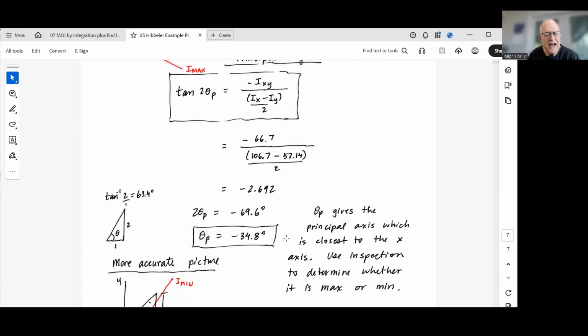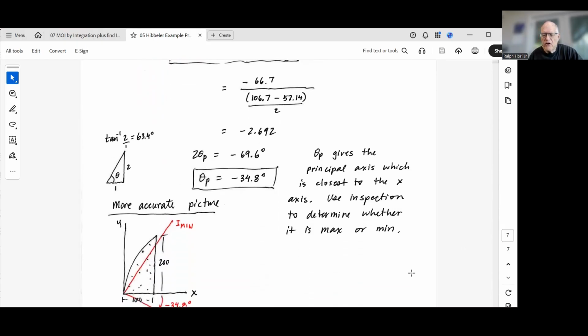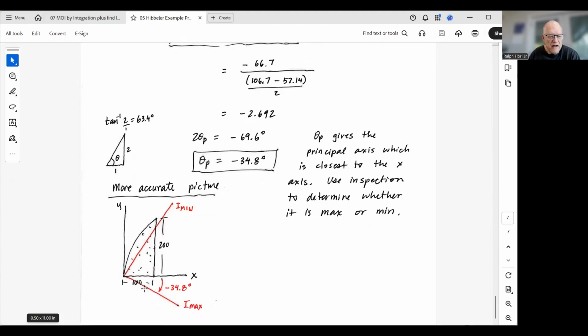And again, this is the angle from our x orientation to the nearest principal axis, either Imax or Imin. And so we get negative 34.8. And so if you rotate the coordinate system down to that, and then 90 degrees to that is the other principal axis.